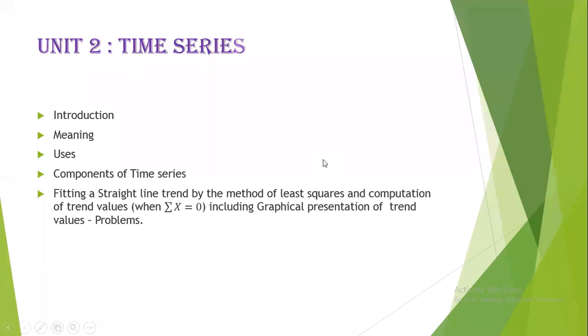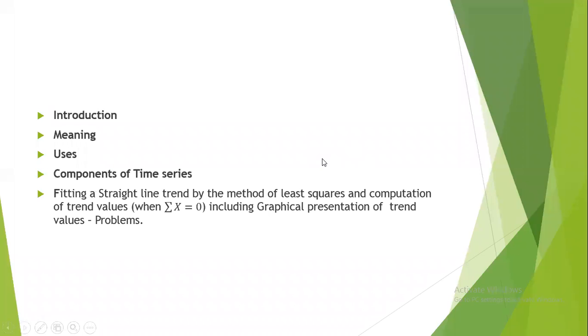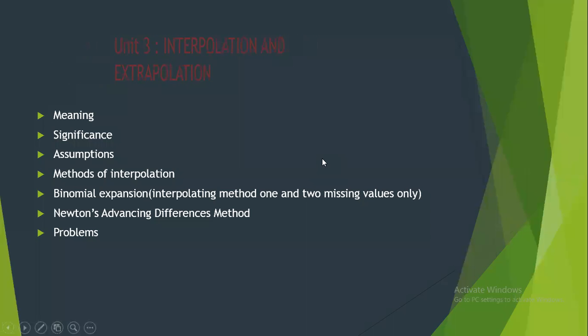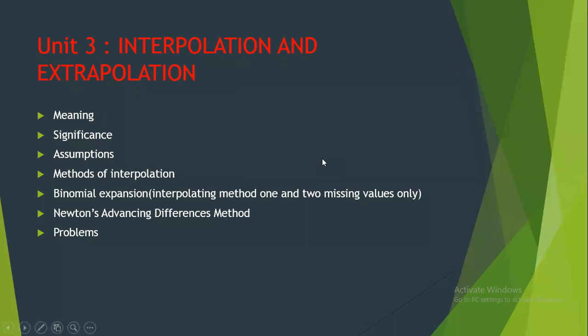After that, next we are moving on to the third unit, called interpolation and extrapolation. This is also a most important unit, and in this unit we get a 14 marks question.